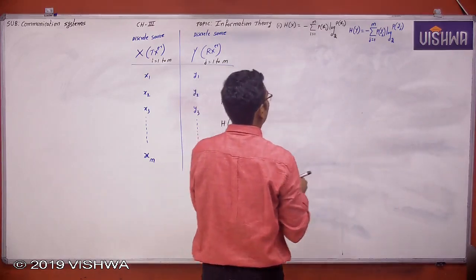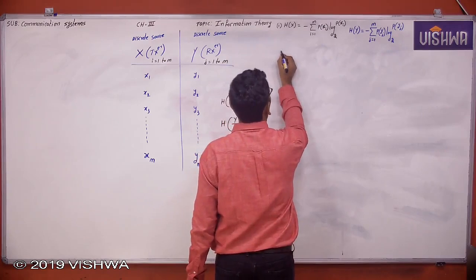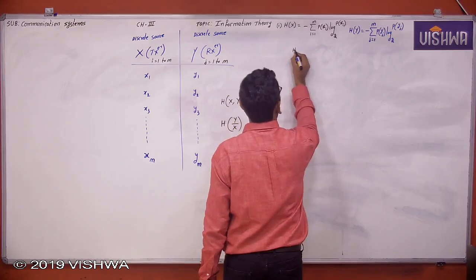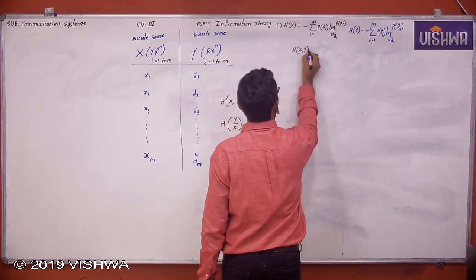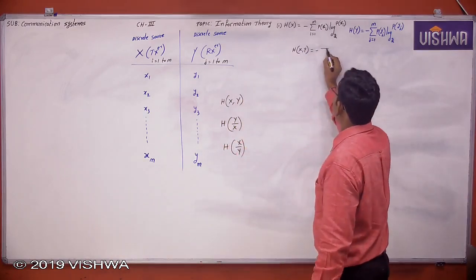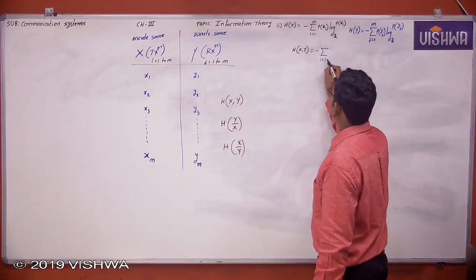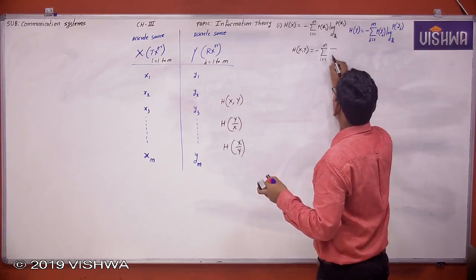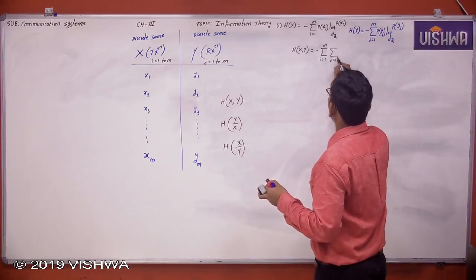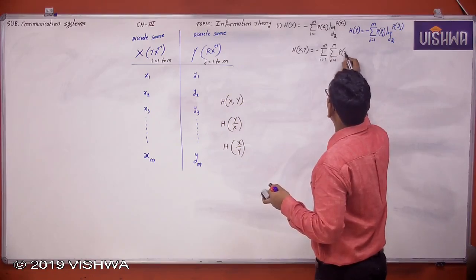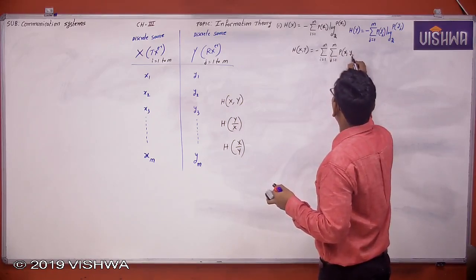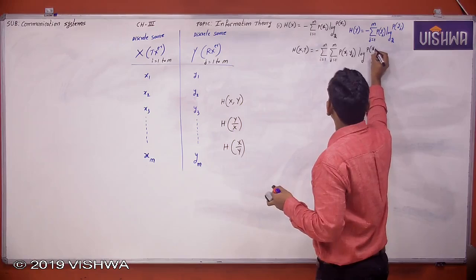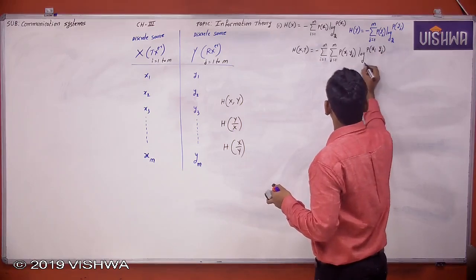Now we'll see the joint entropy, H of X comma Y. What is H of X comma Y? Minus summation i equal to 1 to m, summation j equal to 1 to m, P of x_i y_j log P of x_i y_j base 2.